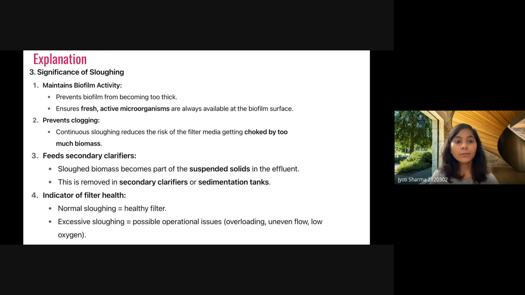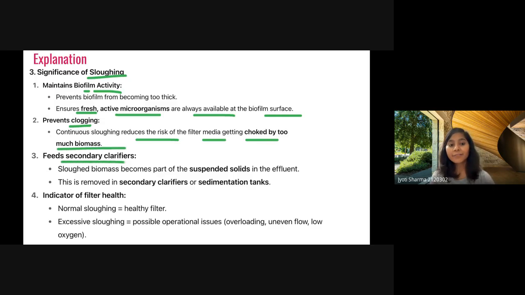And then sloughing has advantages and disadvantages as well. If we are talking about advantages, it maintains biofilm activity, ensuring that active microorganisms are available at the biofilm surface. It can prevent clogging: continuous sloughing reduces the risk of filter media getting choked by too much biomass.